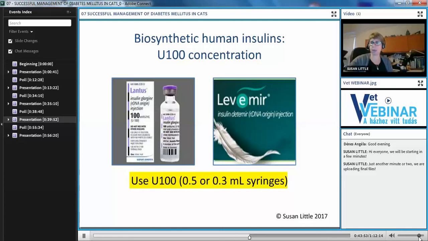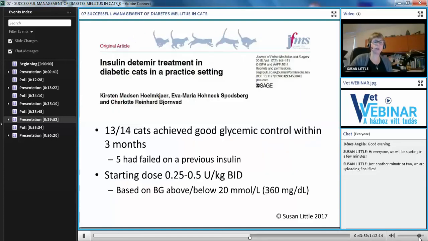So there is a fair bit in the veterinary literature about using Lantus. There's not a lot about Levemir. So I thought I'd show you this study on Levemir that was published in 2015 in the Journal of Feline Medicine and Surgery that looked at 14 cats treated with Levemir, brand name Levemir, insulin detemir.